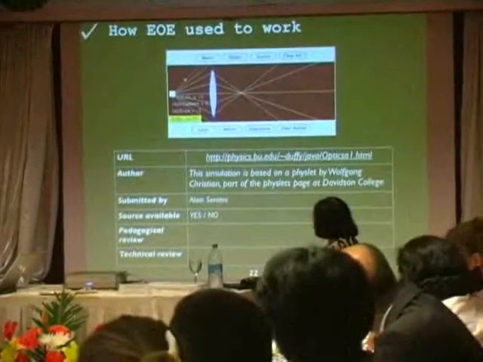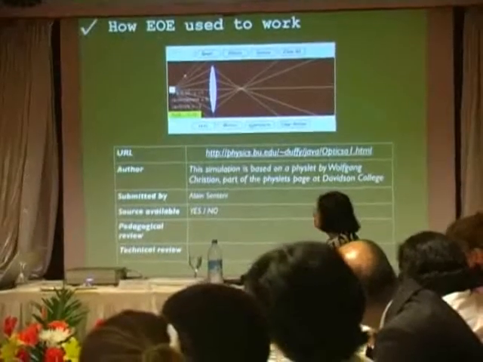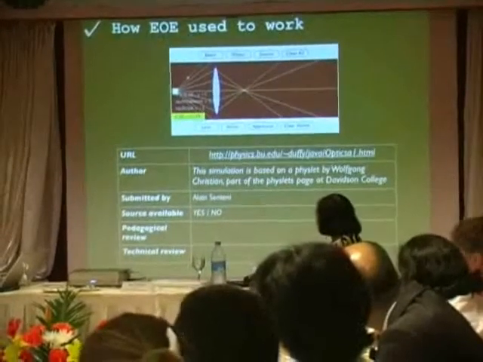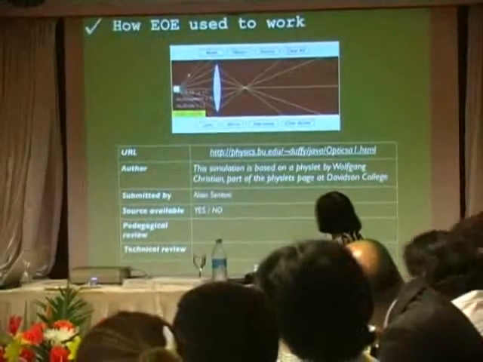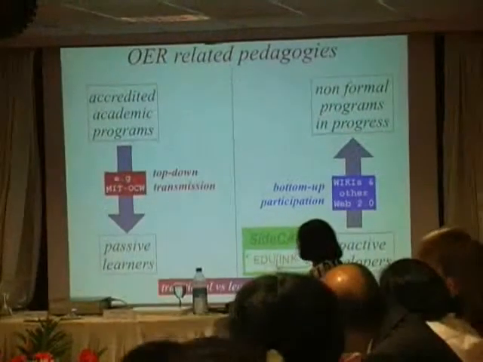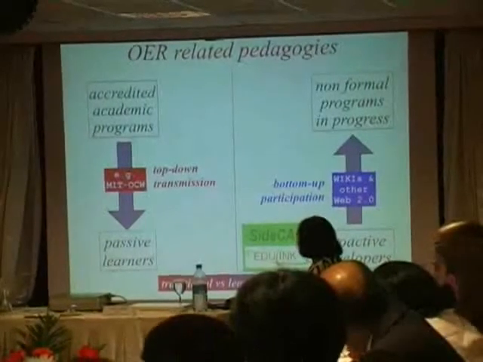Since the submitter is not the author, the submitter is just commenting on it and saying that I know this exists, and I can make a pedagogical review of it, a technical review of it, which means I can make comments on it. Out of this transformation process, they can build non-formal programs.